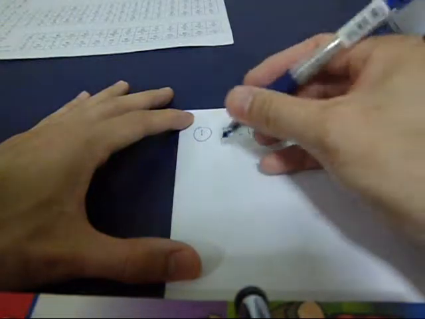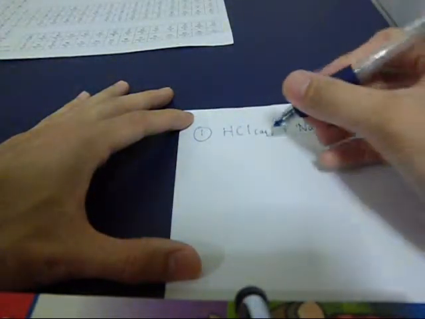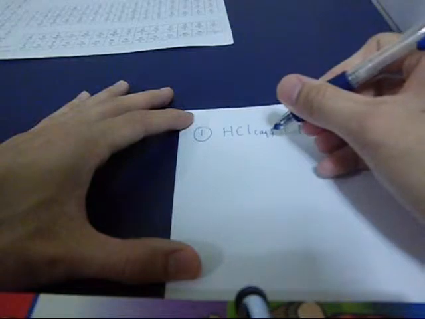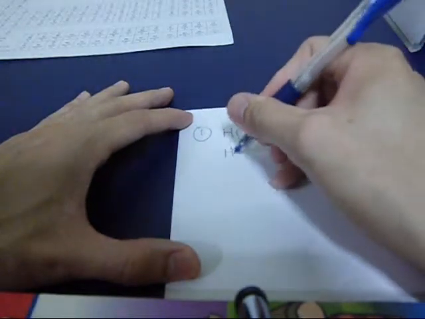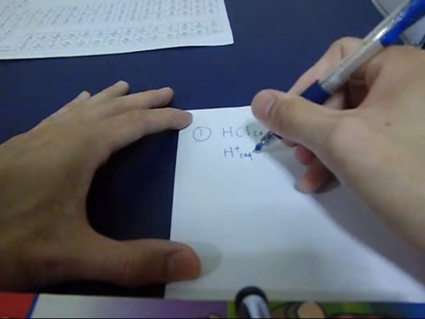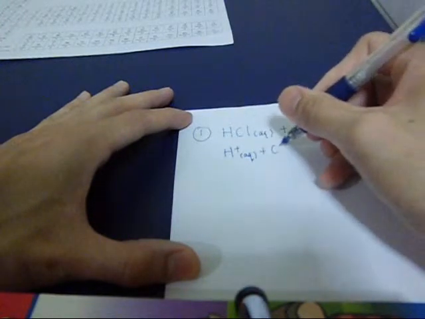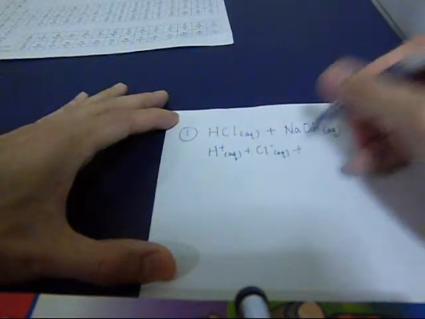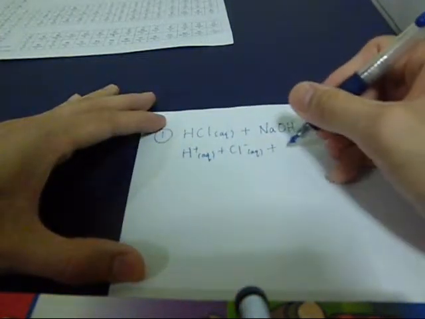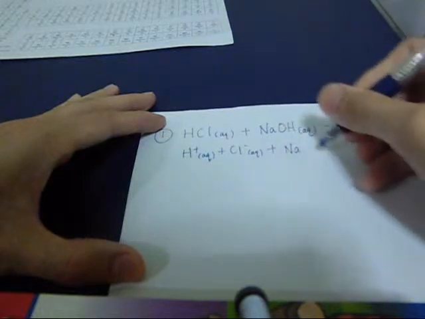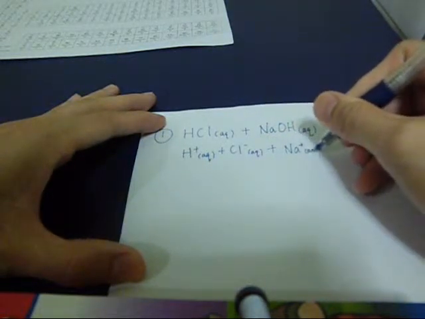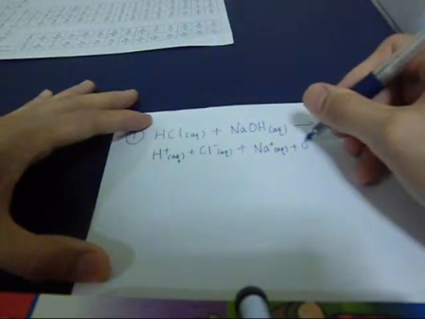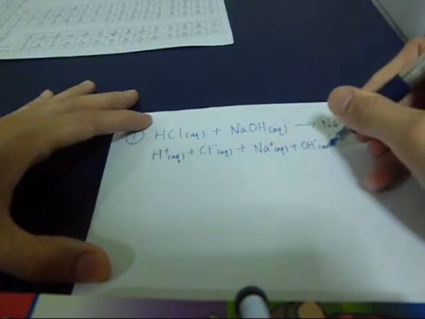So in this case, your HCl, you can split up because it is in aqueous state. So you can split your HCl to become H+ and Cl-. Likewise for sodium hydroxide, you split them up, become Na+ and OH-.